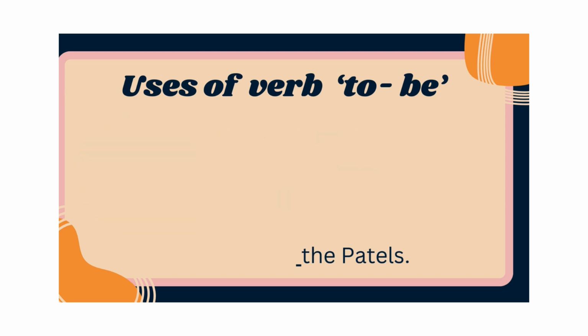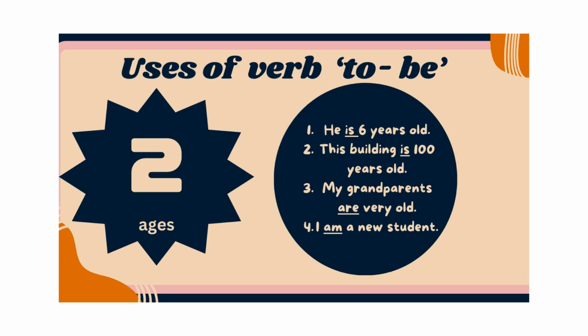Number 2. For ages. When you want to tell someone your age or how old you are, you use the verb to be. You can even use it in this form to talk about how old, young, or new an object or a monument is.